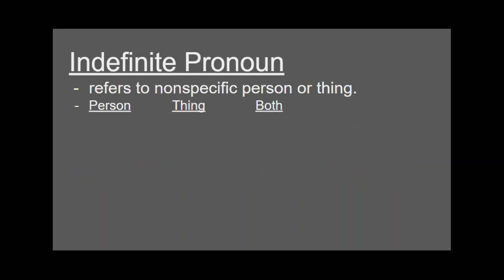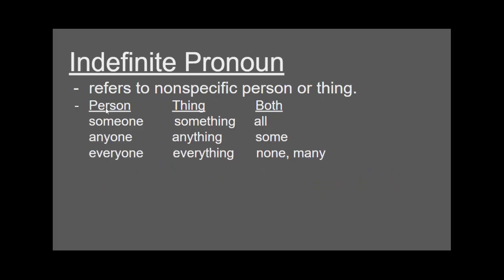Indefinite pronoun refers to a non-specific person or thing. For singular person, someone, and singular thing, something. For plural, we use all, for both person and thing. And same for singular person, anyone, and singular thing, anything.